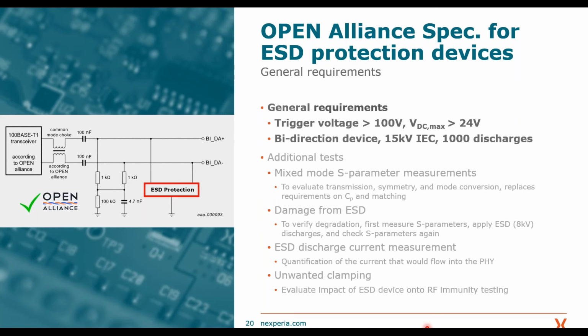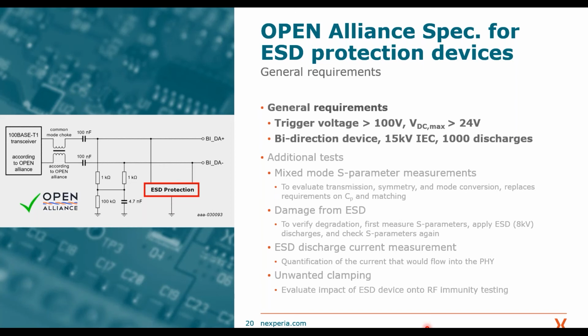this is the first time that we have really a specification for the ESD protection device, and there are some general requirements and also some additional tests we want to talk about today. And the general requirements are also very specific here for the Ethernet.